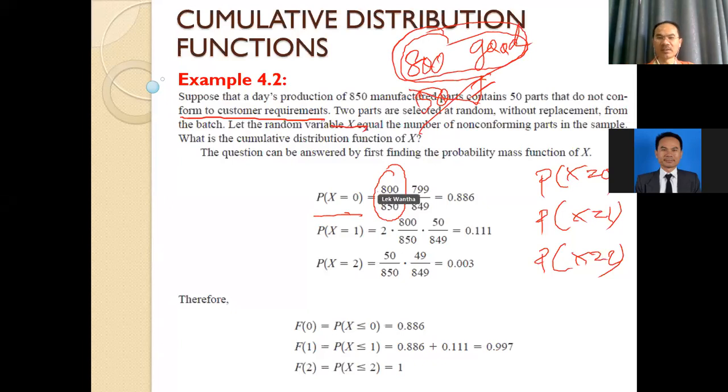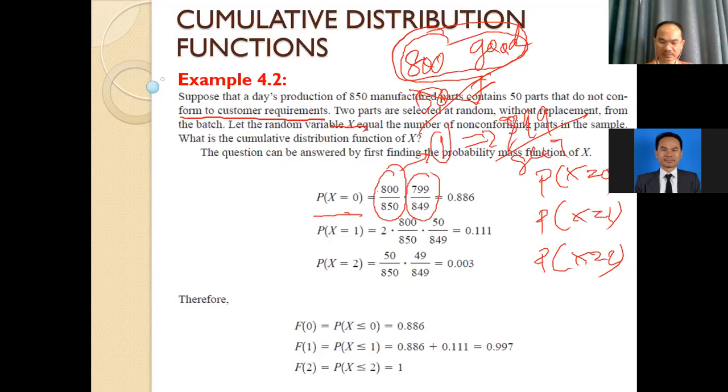But the second time you collect, it must again be a non-fail part. The first time you took 1, so now the total is 849, and the good parts are 799. The second event is 799 divided by 849.